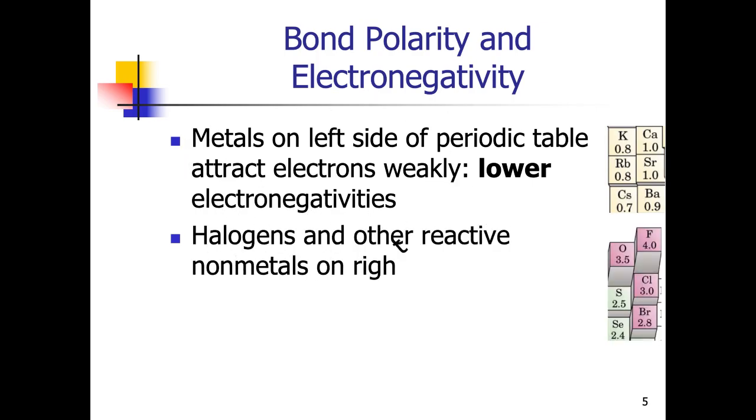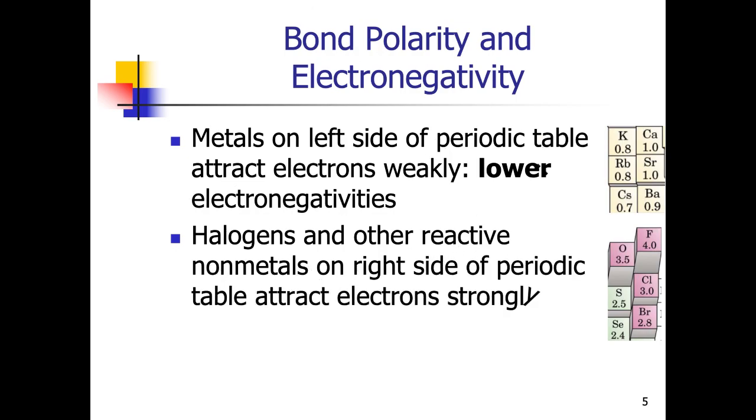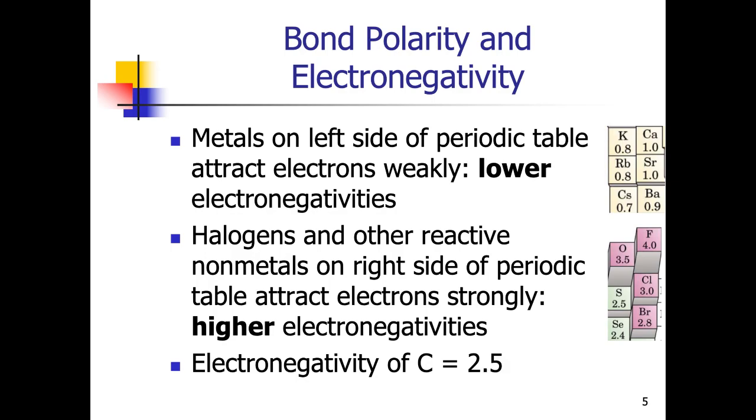Halogens and other reactive nonmetals on the right side of the periodic table attract electrons strongly, so they have higher electronegativities. The electronegativity of C equals 2.5.